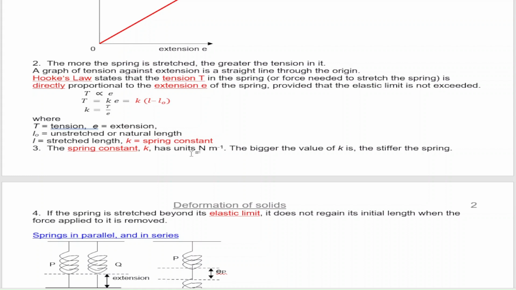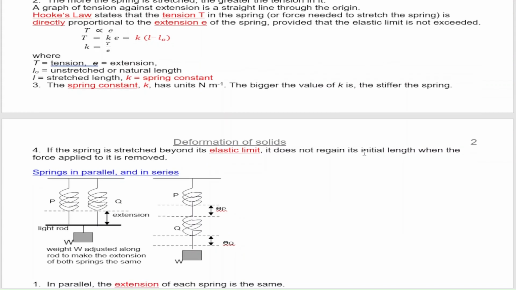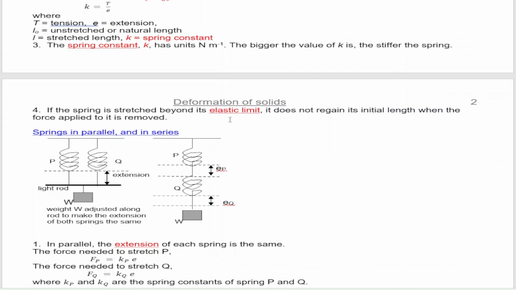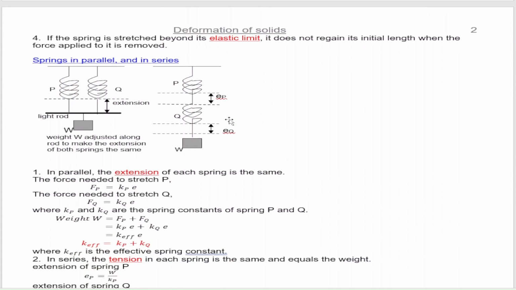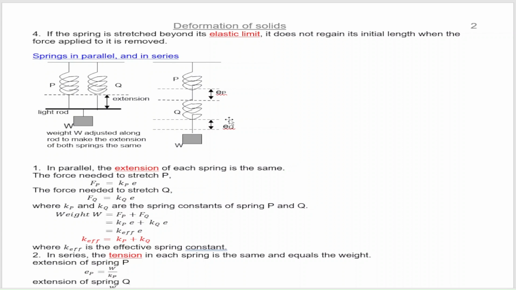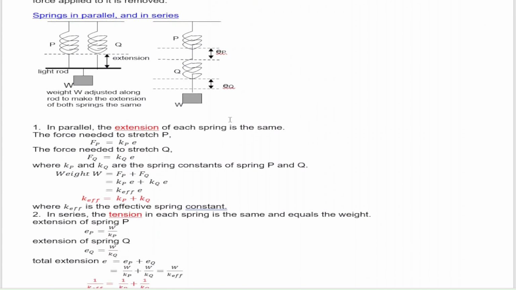It has units of newtons per meter. And the bigger the value of k, the stiffer the spring. If the spring is stretched beyond this elastic limit, it does not regain its initial length when the force applied to it is removed. We are going to talk about springs in parallel and springs in series.